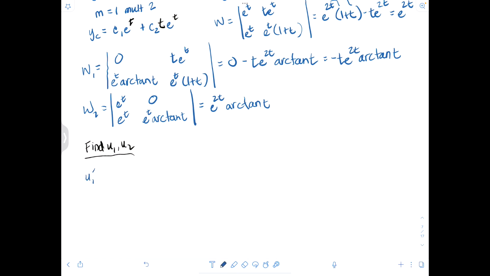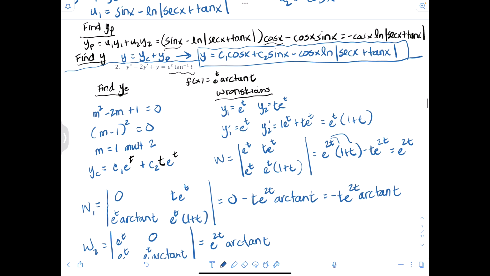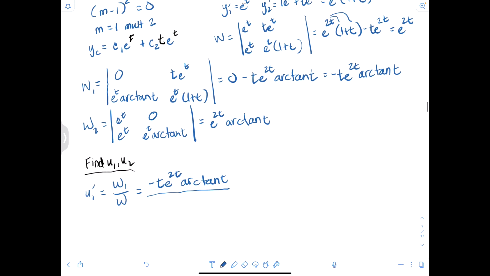So we know u1 prime is w1 over w, which is, w1 was negative t e to the 2t times arc tangent of t over e to the 2t.